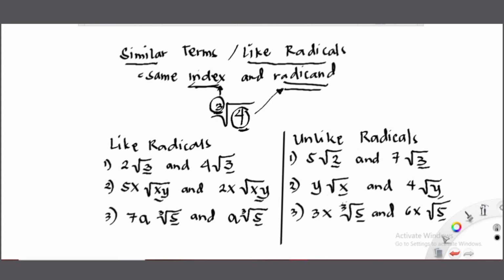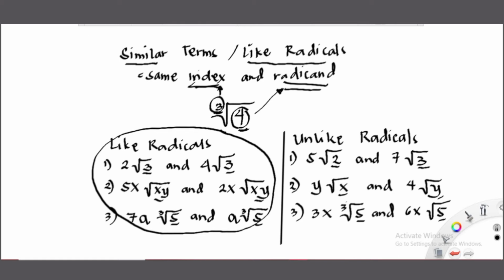The index here is 3, while here is 2. So magkapareho ang radicand, magkaiba ang index. But still, these are considered unlike radicals kasi hindi parehong condition ay present sa kanila. I hope that you understood now the difference between like and unlike radicals. And again, it is important that in addition and subtraction of radical expressions, only like or similar radicals can be added or subtracted.